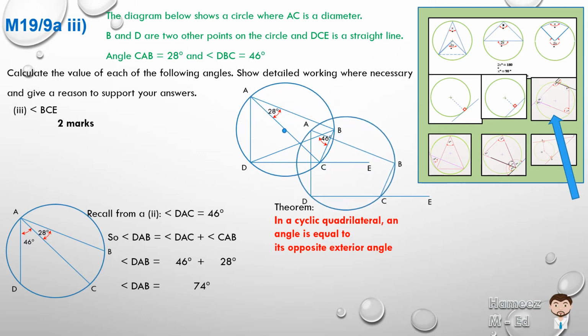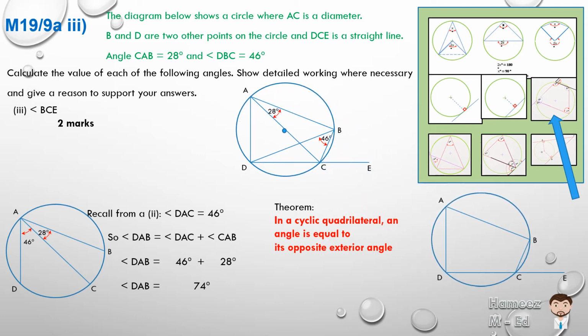So if we extract it, then we can see that the angle on the top left, which works out to be 74 degrees as we just worked out, would be equal to the angle we have bringing up in purple, the exterior of the opposite angle. So angle BCE is equal to angle DAB, and we worked out DAB already, so angle BCE is equal to 74 degrees.